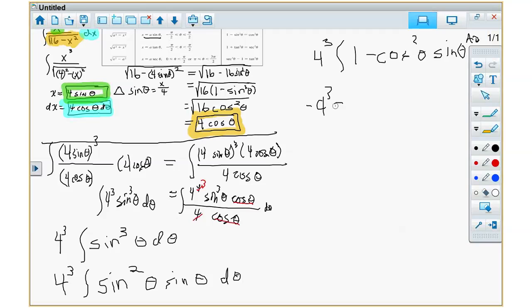Negative would be cosine of theta. And that would be that negative 4. You're going to pull it out, so that's going to be parentheses here. Cosine of theta. And then that cosine squared, that's u. So that's going to be cosine to the third.